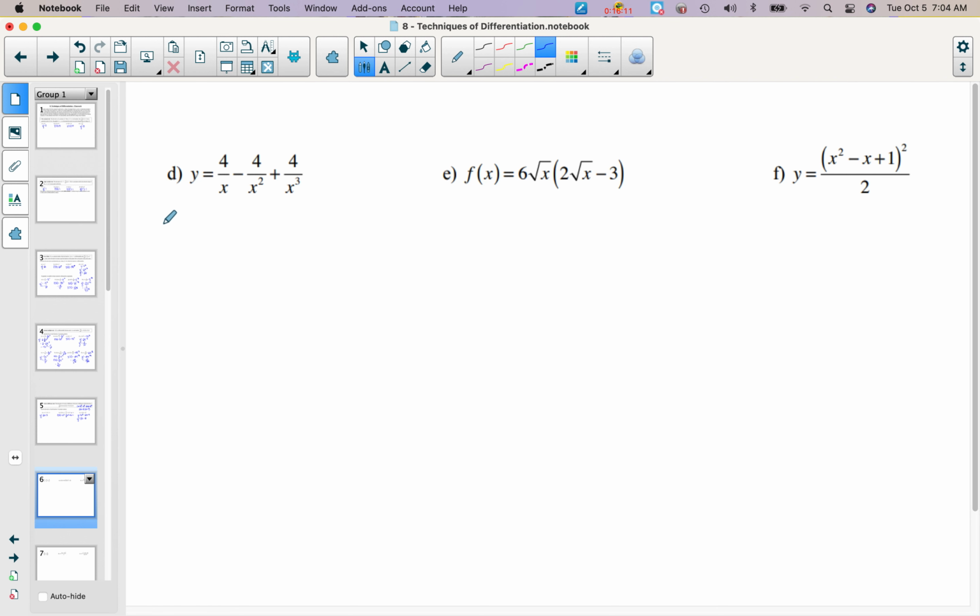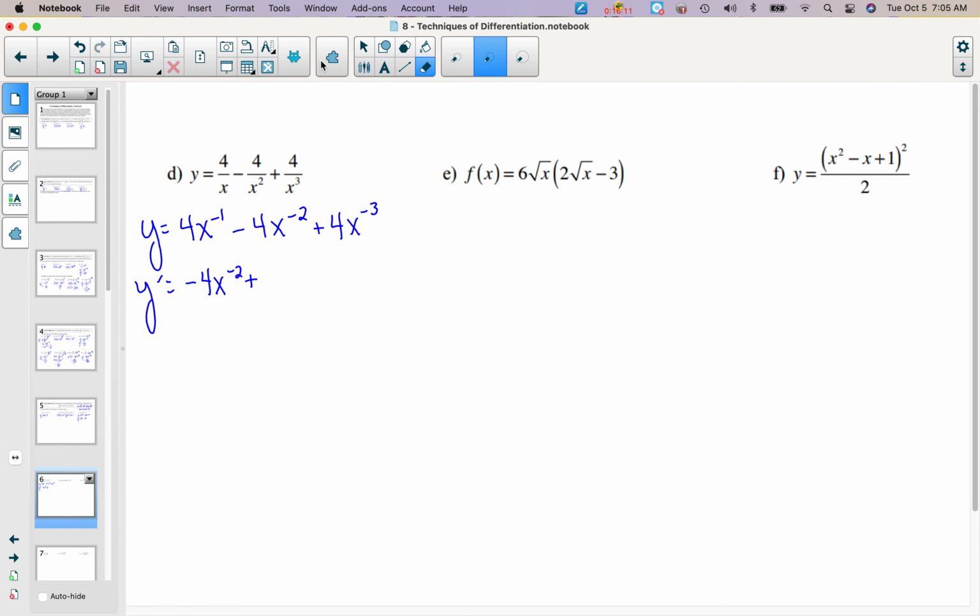So on this next one, we need to kind of set it up better. So y equals 4x to the minus 1 minus 4x to the minus 2 plus 4x to the minus 3. Now I'm ready to find the derivative. So we get negative 4x to the minus 2. This is going to be plus 8x to the minus 3.